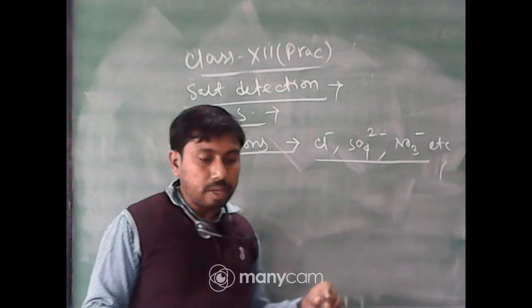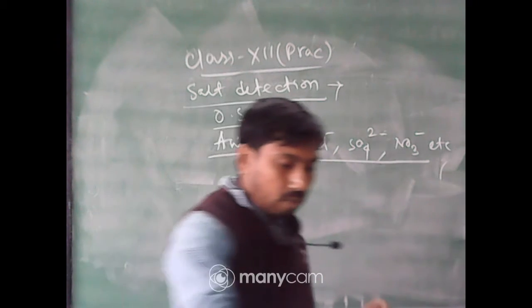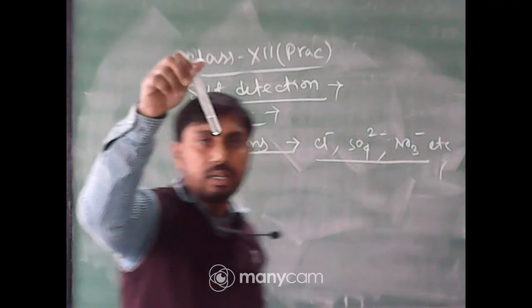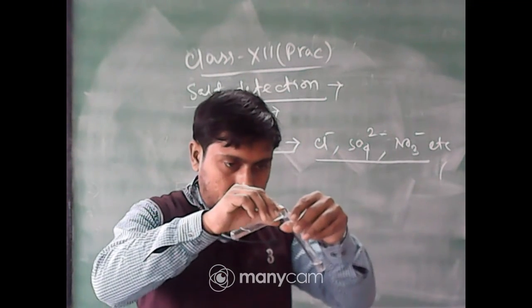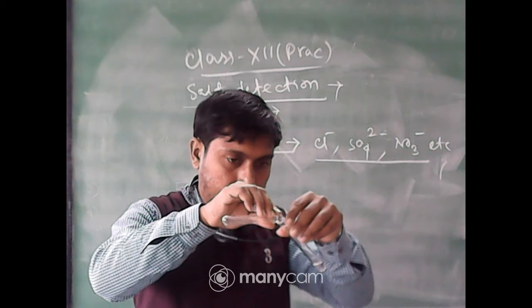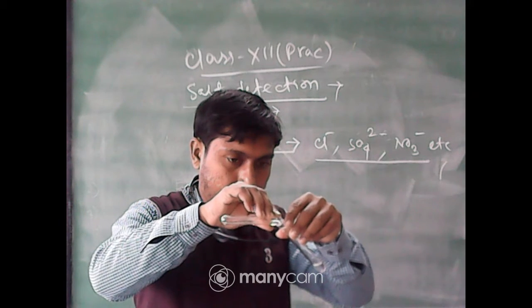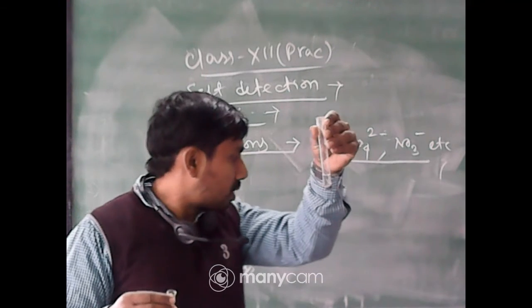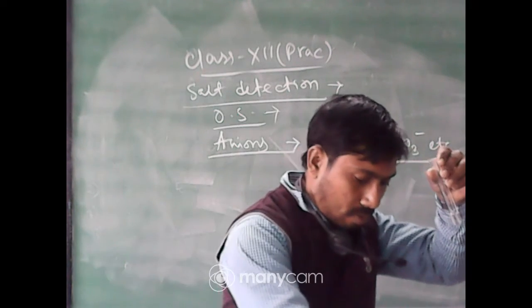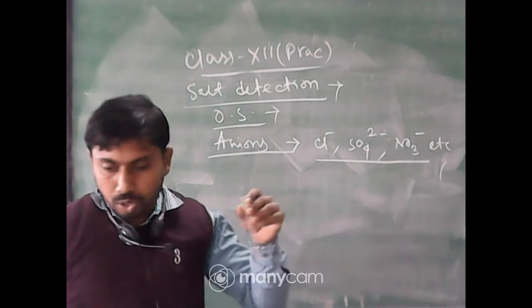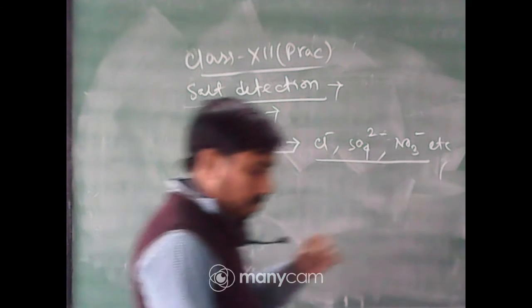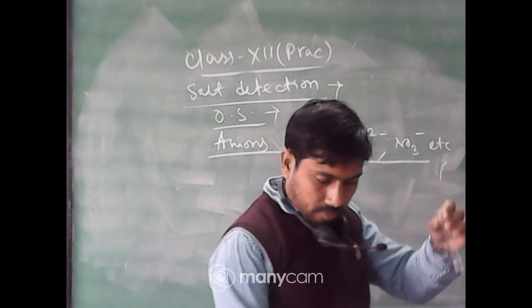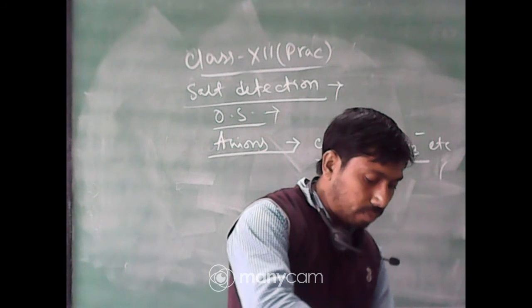Now the freshly prepared ferrous sulphate solution, which was previously kept here. I will add it here. Ferrous sulphate added. Now concentrated sulfuric acid will be added drop by drop along the wall of the test tube.